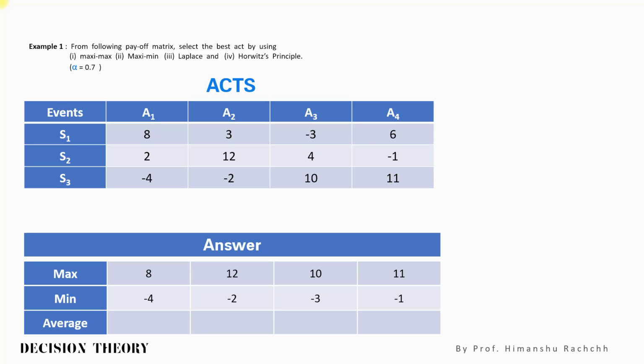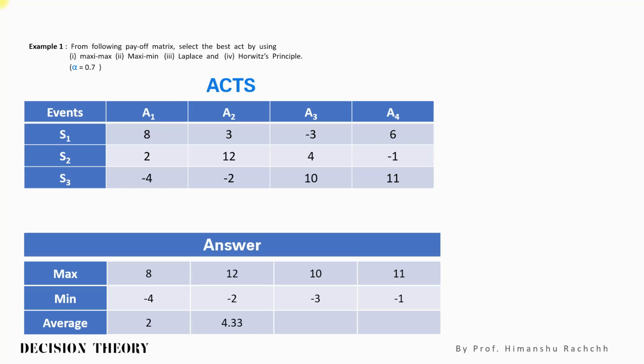Now for Laplace method we calculate average payoff of each act. To find average payoff we find sum of 3 payoffs. We divide this total by 3. For the act A1 average payoff is 2. For the act A2 sum of 3 payoffs 3, 12 and -2. We divide this total by 3.